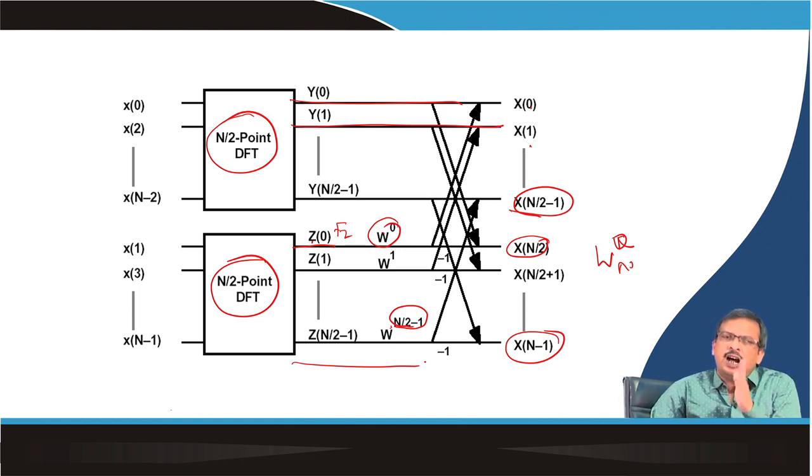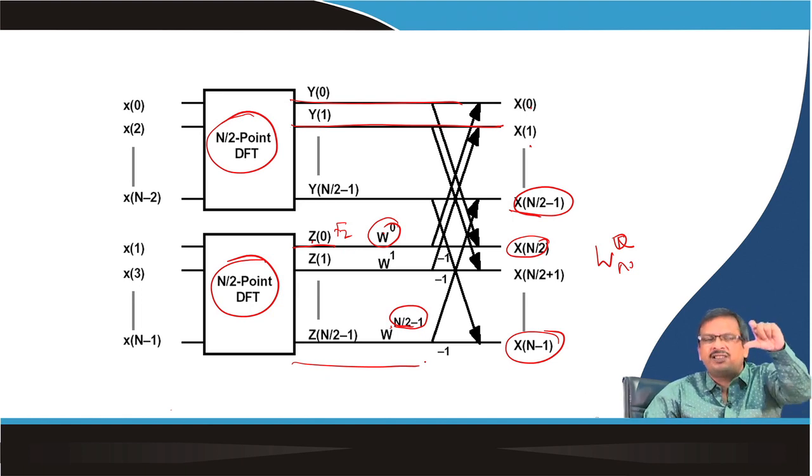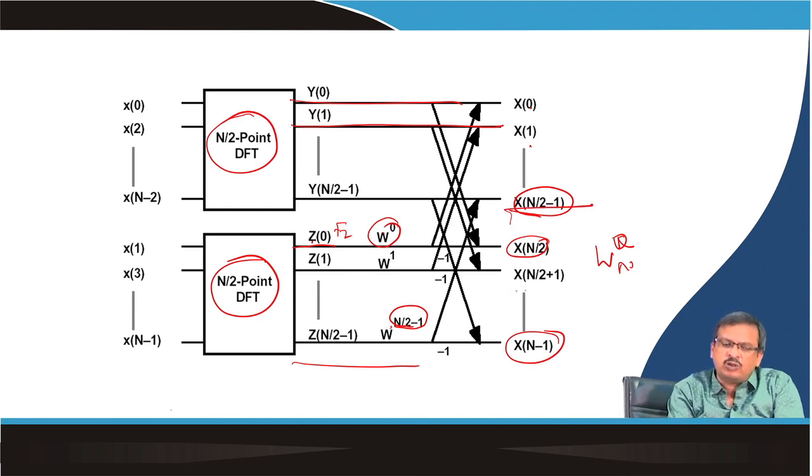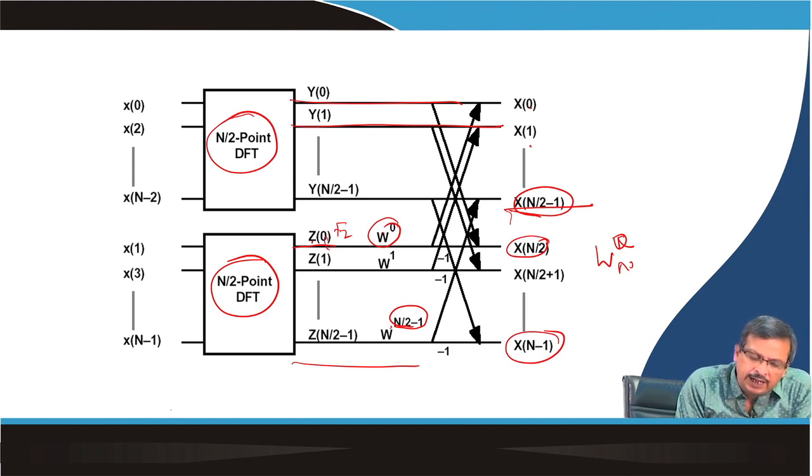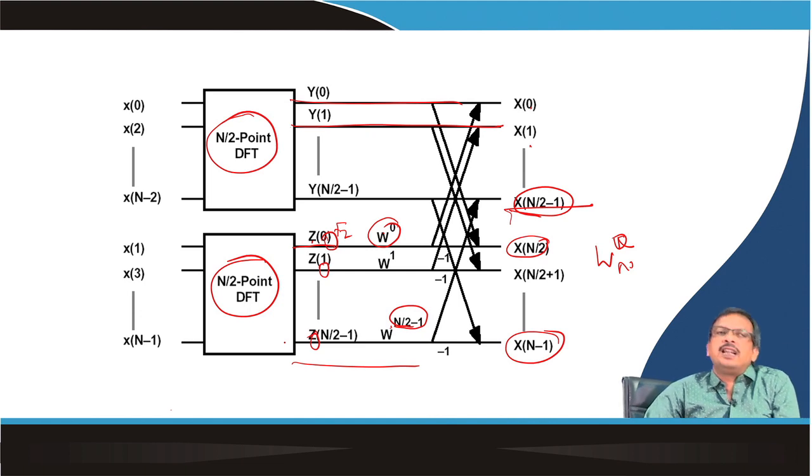Then I know the output is every n by 2: first n by 2 is f1, second n by 2 is f2. So, f1 plus f2 for k up to n by 2 minus 1, and next one is f1 minus f2, and every time f2 will be multiplied by W n to the power k.